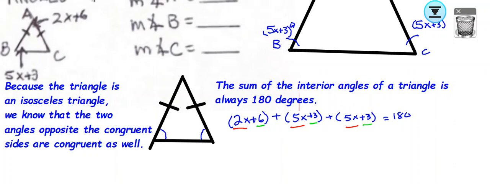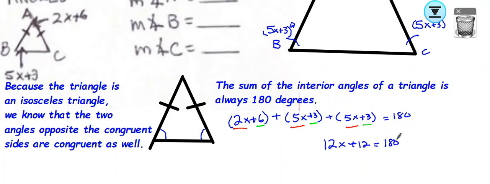So adding all the reds together first, I have 2, 5, and 5. That gives me 12x. And then adding our greens, I have 6, 3, and 3, which is also 12. So I have 12, just a regular 12, and that's equal to 180.